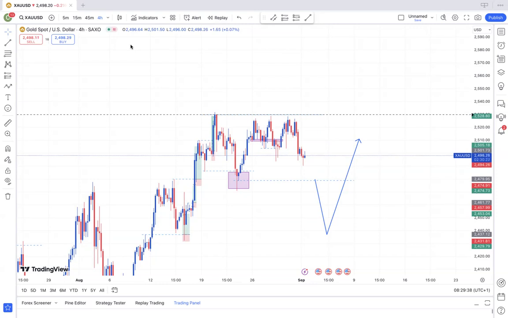What you would do on a $1,000 account, what you are supposed to be risking, is a 0.1 based on standard lot size risk.